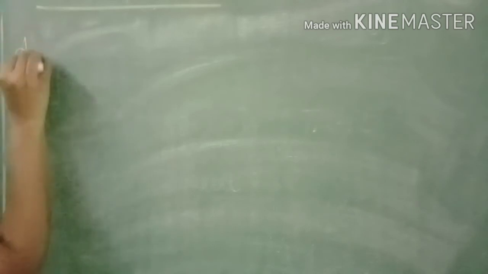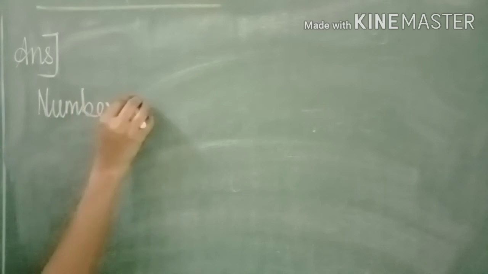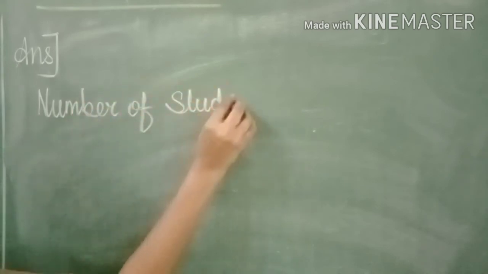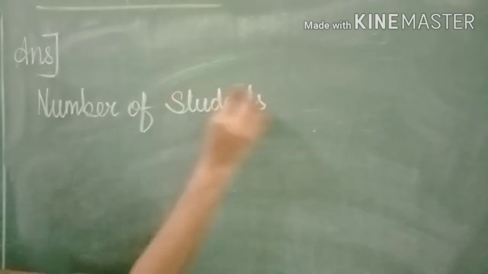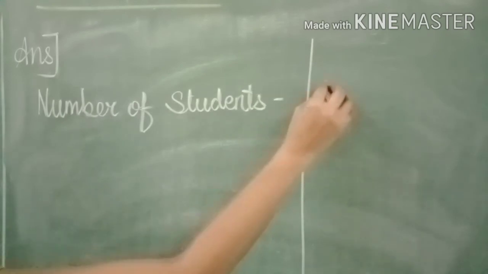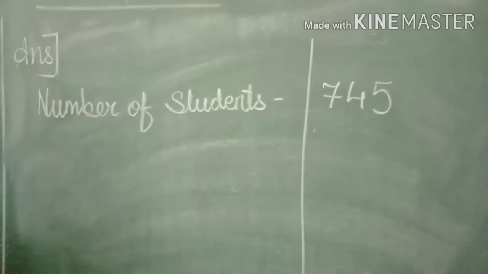Okay students, let's start with the answer. The number of students was 745. We will be writing here: number of students, let's draw a line over here, 745. Now we will start with the paper bags prepared by each student. How many bags were prepared? 25.